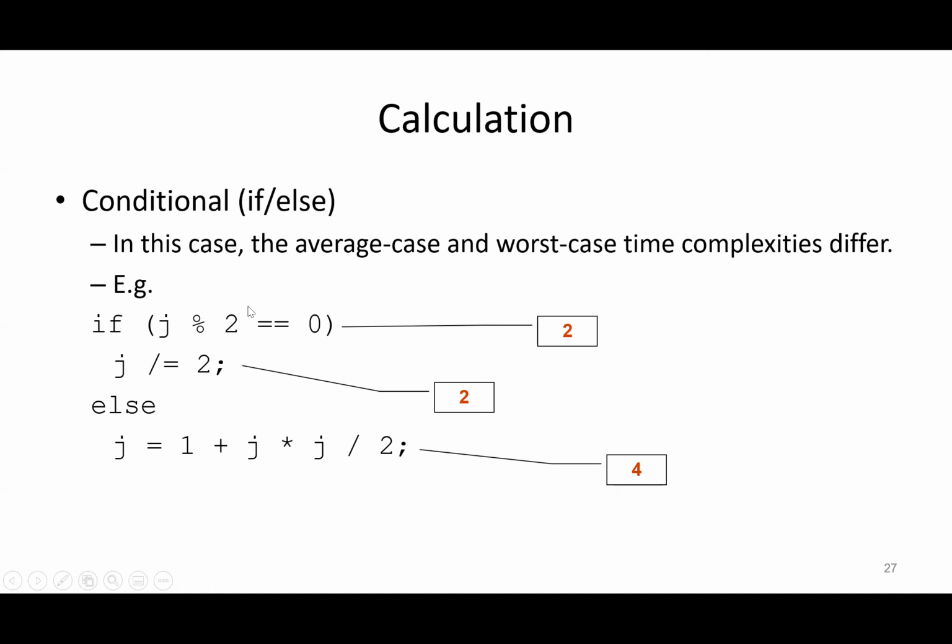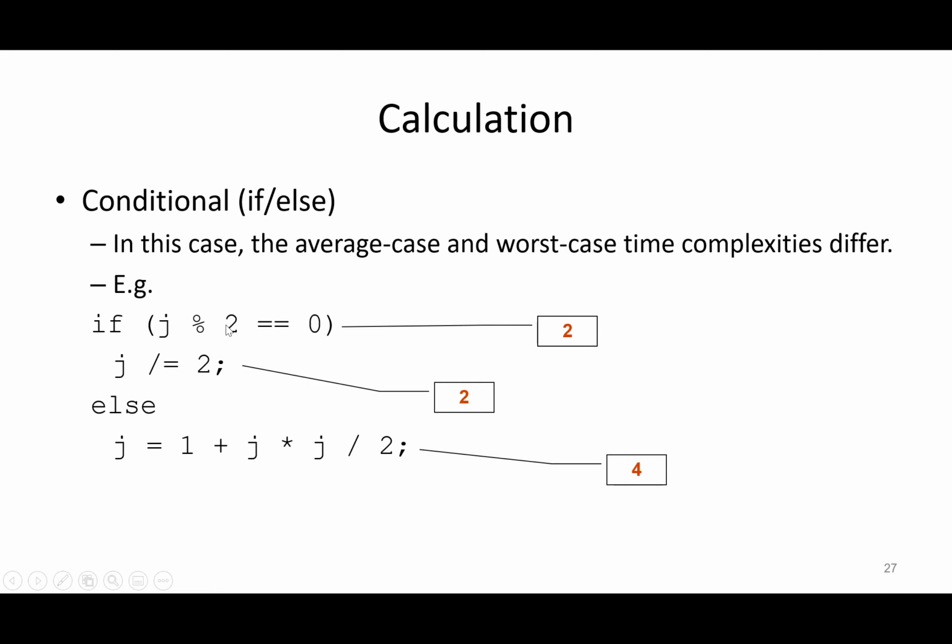Whenever I check whether this is true or not, I need to perform 2 operations. J modulus 2 is one operation, and checking whether it equals 0 is one operation. That's why there are 2 operations in the header for my if.